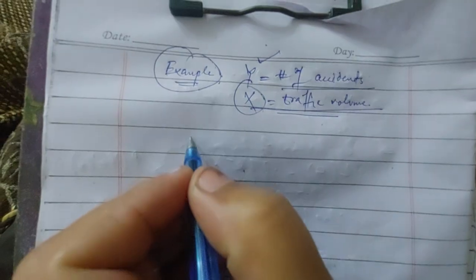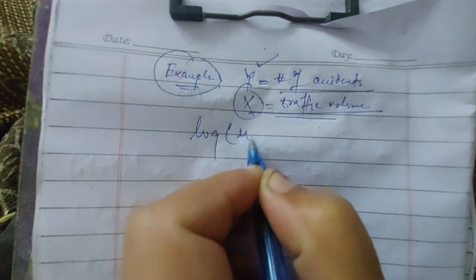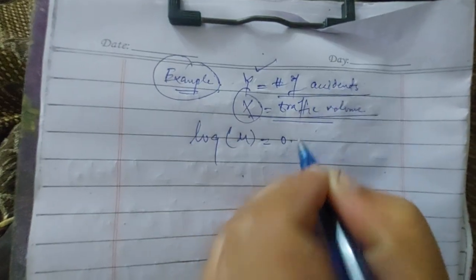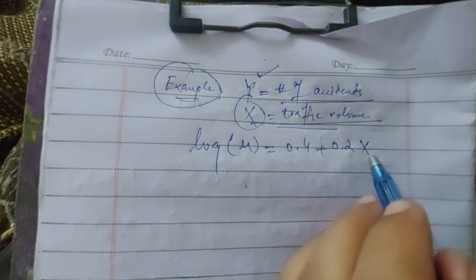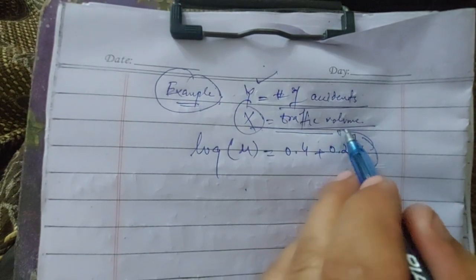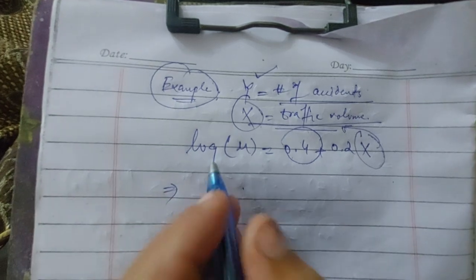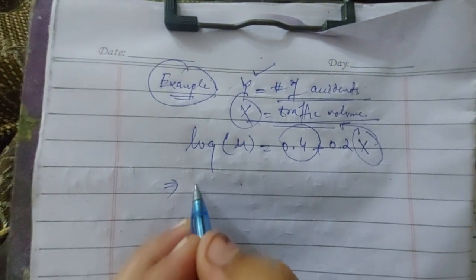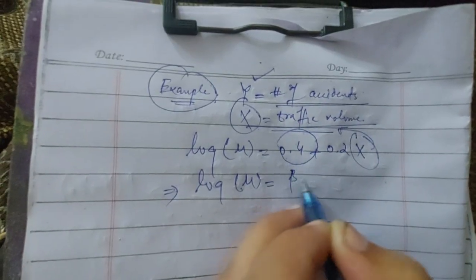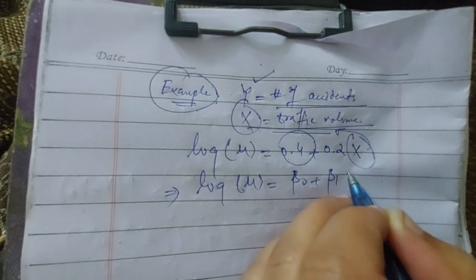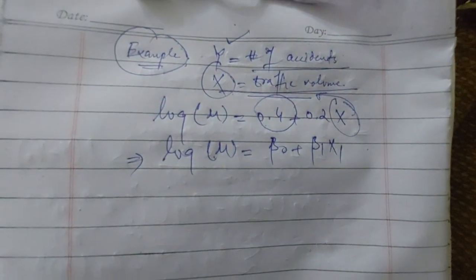And we are given that the log of mu is equal to 0.4 plus 0.2 into x. We know that x represents the traffic volume. If you recall the Poisson equation, the log of mu was equal to beta naught plus beta 1 into x1 in linear form.